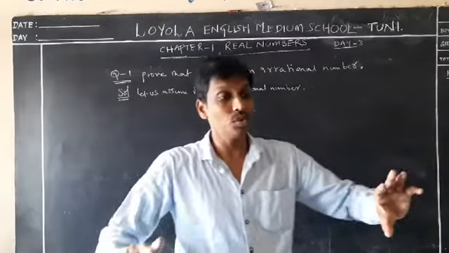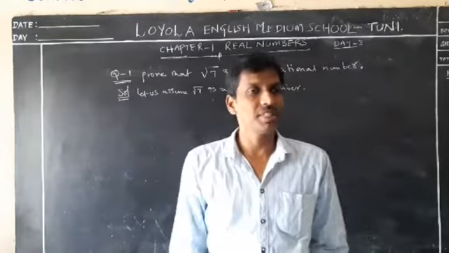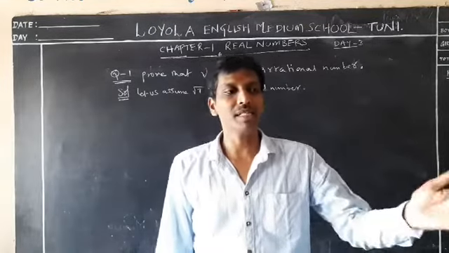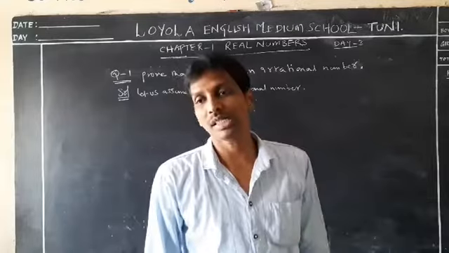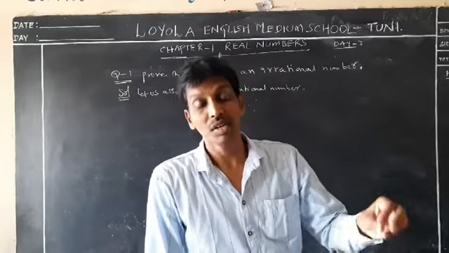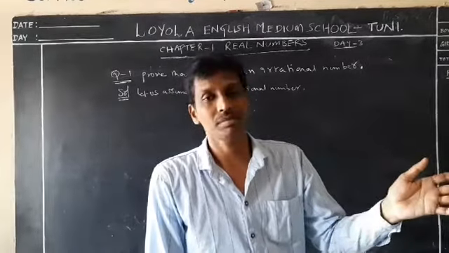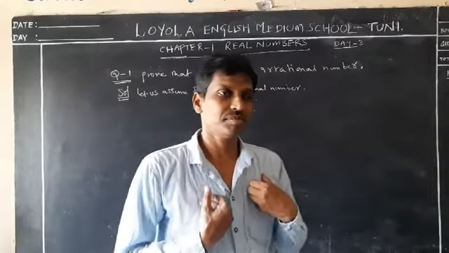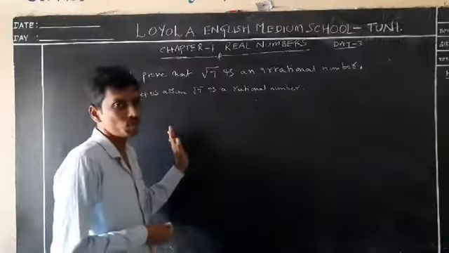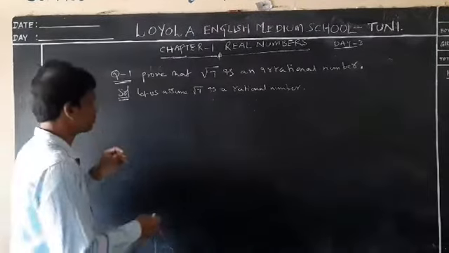Then we proceed, and finally we may get some confusion. That confusion is nothing but a contradiction. At that situation, we are helpless. We can't do anything. At that situation, we will accept our mistake. So in the same manner, we are going to prove this.